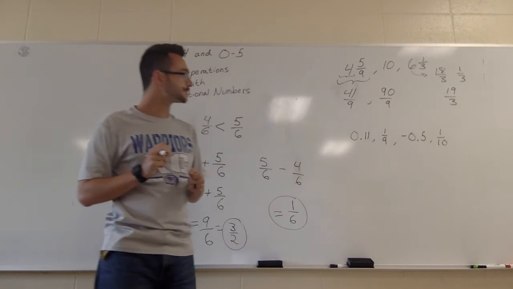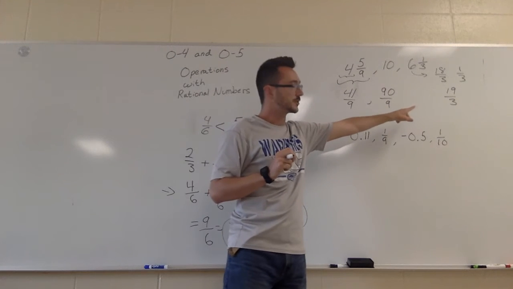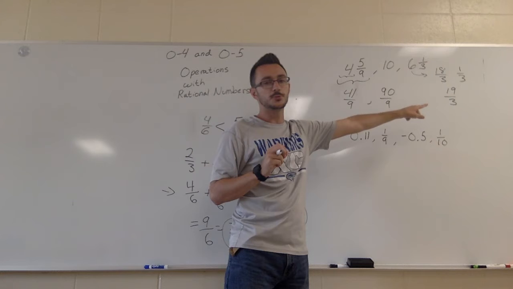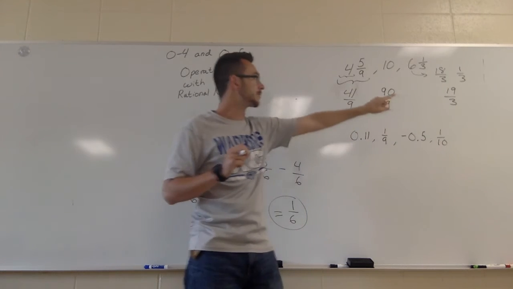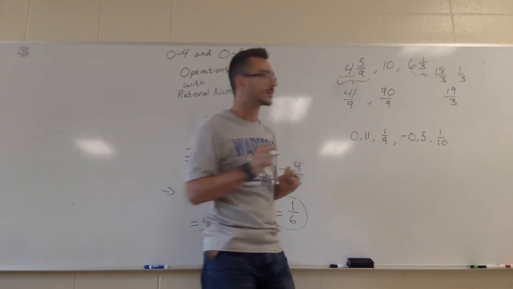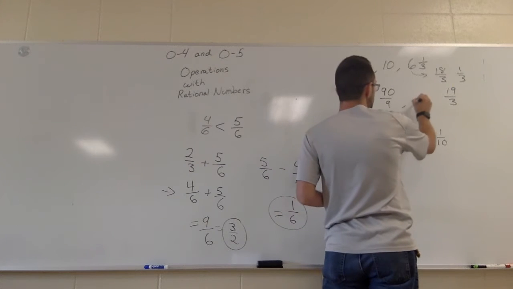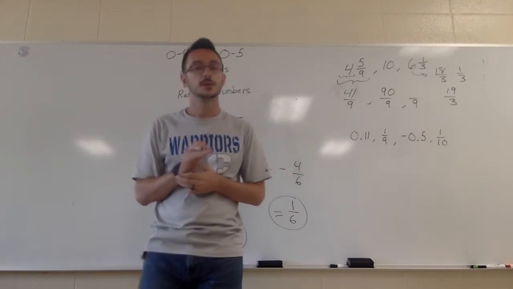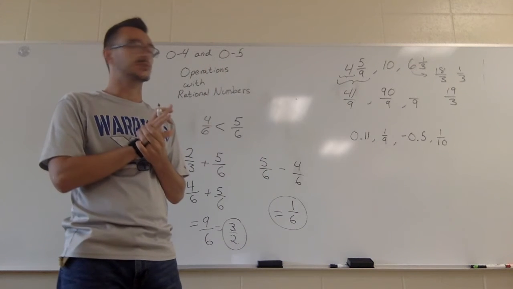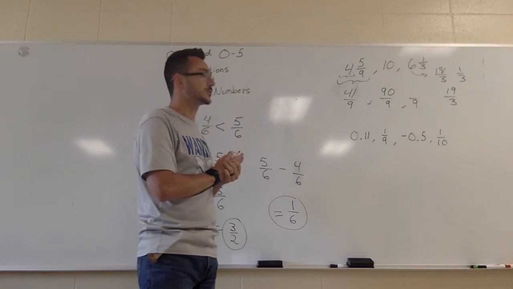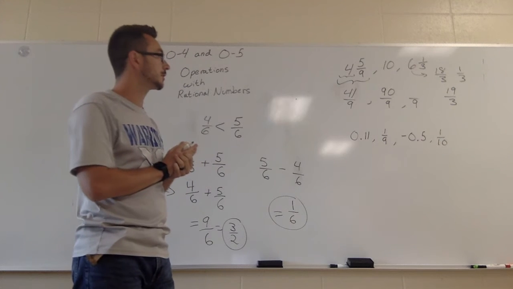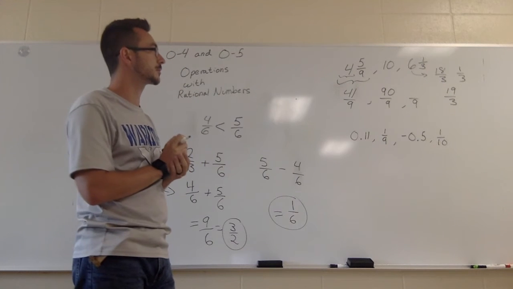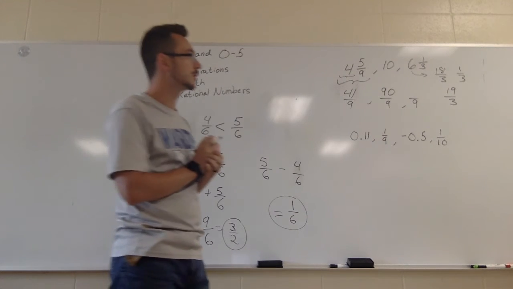And then we notice they're different denominators, and I want to be able to compare them. So to get from 3 to 9, I need to multiply everything by 3. So now my new bottom number is going to be 9. Then I got to think about 19 over 3, 19 times 3. Well, I know 20 times 3 would be 60, so this would be 57.